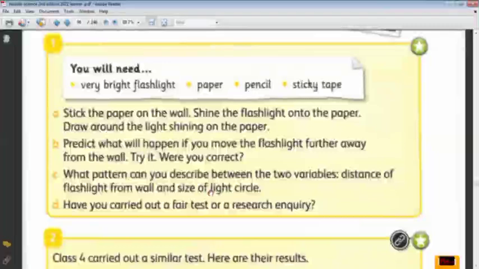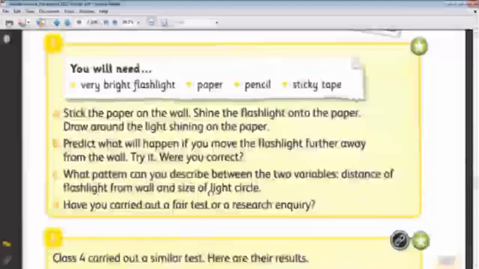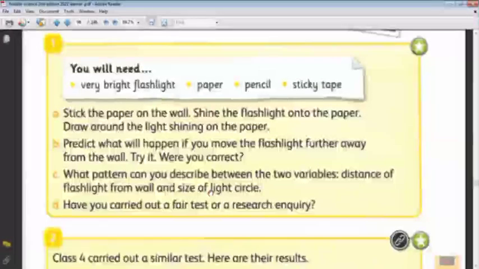Pattern seeking. Now we found a pattern between the distance and the light. As the distance increases, the light becomes dimmer and the circle on the wall becomes bigger. And as the distance decreases, the light becomes brighter and the circle on the wall becomes smaller. So it is a pattern. So we can say that we carried out a pattern seeking inquiry activity. Okay?